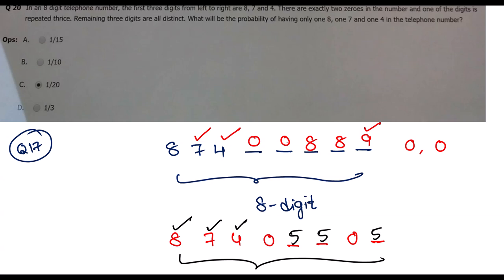So what's your answer finally? One of the logics is 1 by 4, but we have to arrange them.